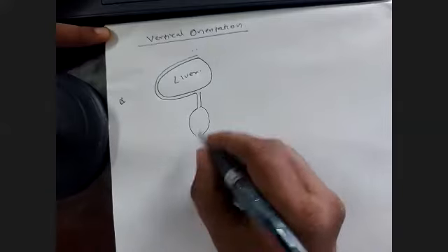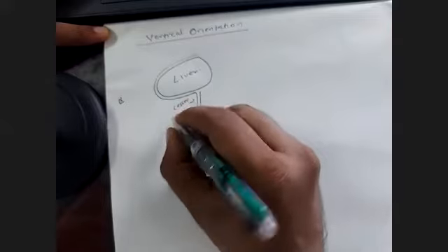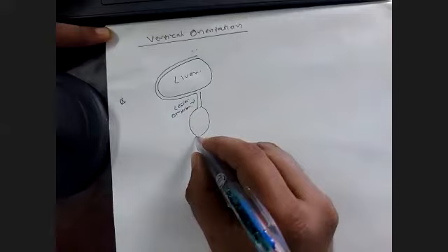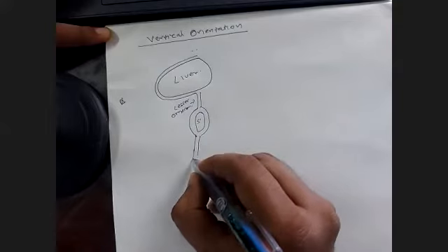and the part running from liver to stomach is called the lesser omentum. And then it covers the stomach. So this is the stomach. And again it unites at the greater curvature.